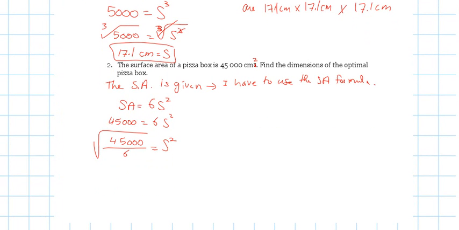Can we solve it in one step or two steps? You can. So what would be your answer if you square root? 86.6. Unit?